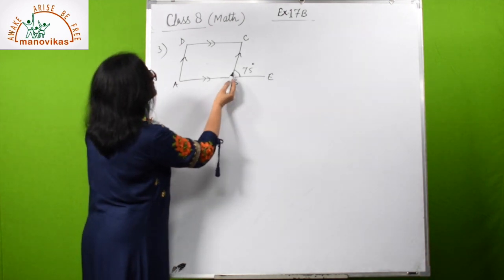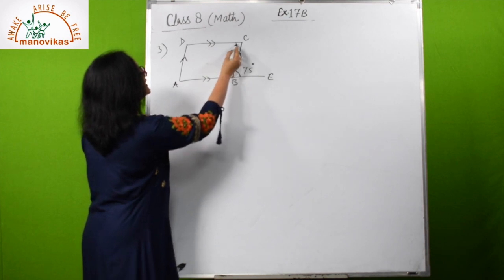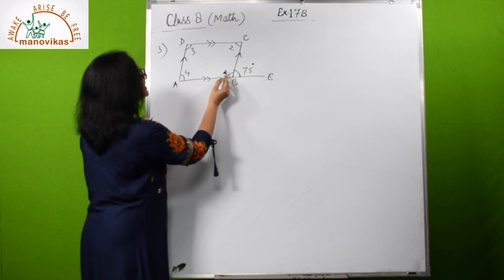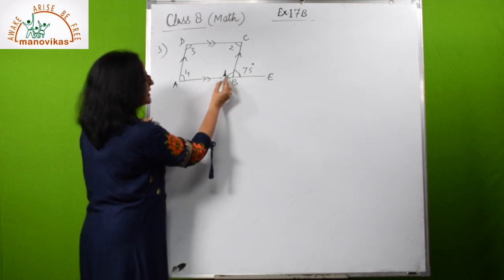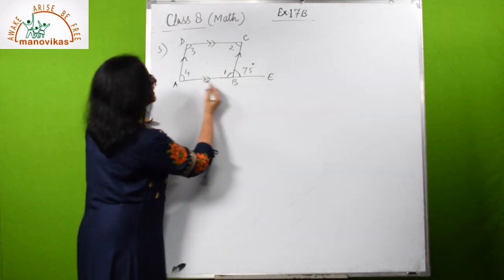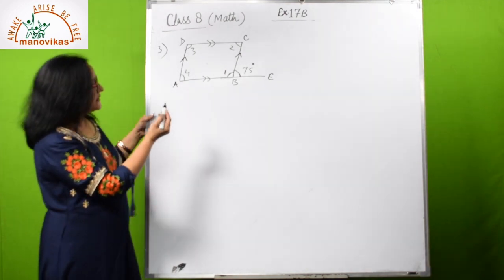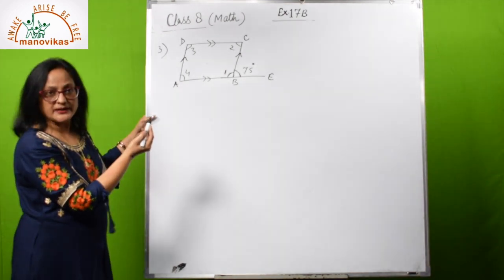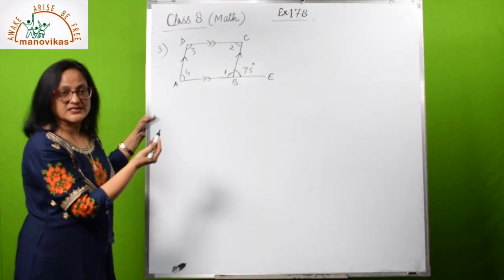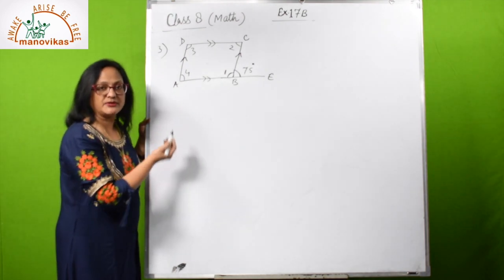Now here the easiest connection that you can make, if we give the interior angles as 1, 2, 3 numbers. So you can see here angle 1, this angle, and 75 are on the same straight line ABE. And I explained this also, linear pair are the angles which are formed on a straight line and their sum is equal to 180 degree. This property of linear pair we will use here.